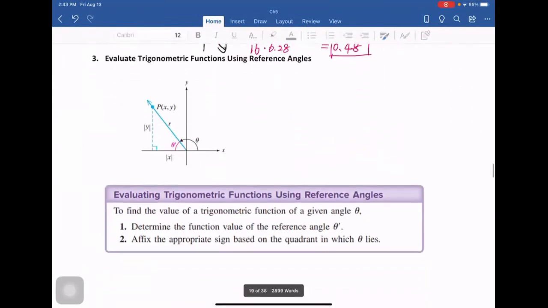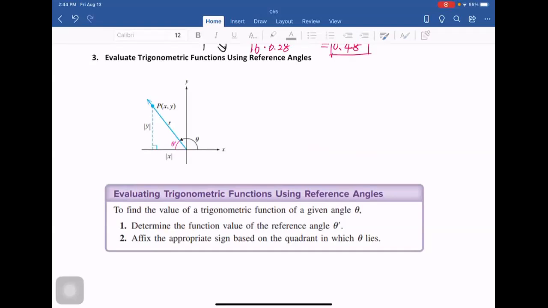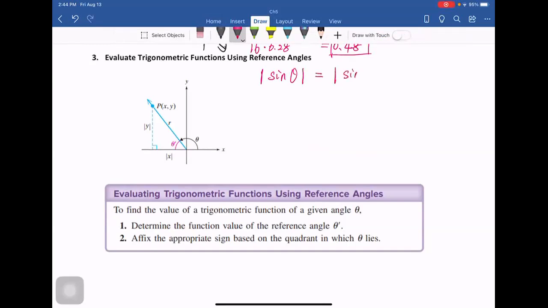Next, evaluate trigonometric functions using reference angle. The absolute value of a trig function, for example the absolute value of sine theta, equals the absolute value of sine theta prime. This is the reference angle, and this is the actual angle theta.